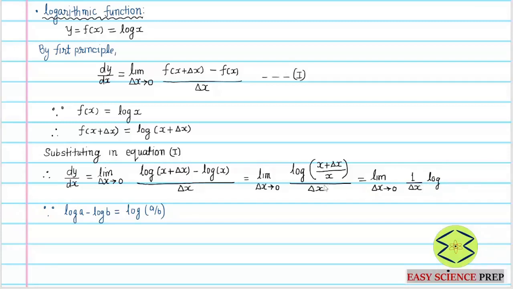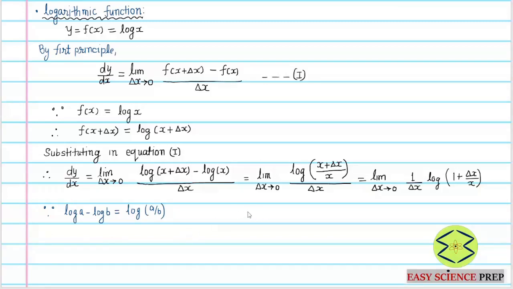Now if you divide x by x, it becomes 1 plus delta x over x.